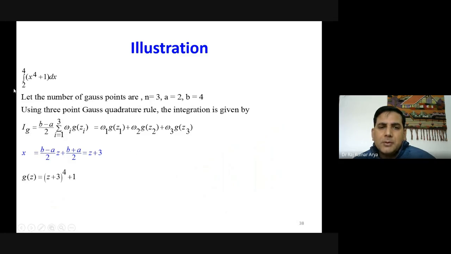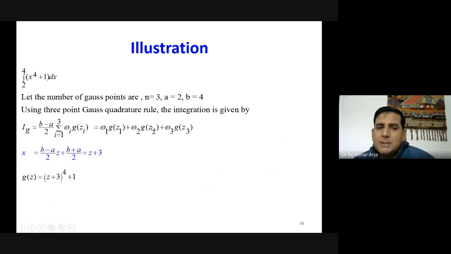Yes, sir. So previously we did the conversion part. So if you do the conversion, you will get this formulation, (b minus a)/2, and you want to integrate it by 3-point Gauss quadrature 1. So you can write this into 3 points: omega 1 g(z1), omega 2 g(z2), omega 3 g(z3). So it means get the function value at z1 multiplied by the corresponding weight, function value at z2 multiplied by the corresponding weight.